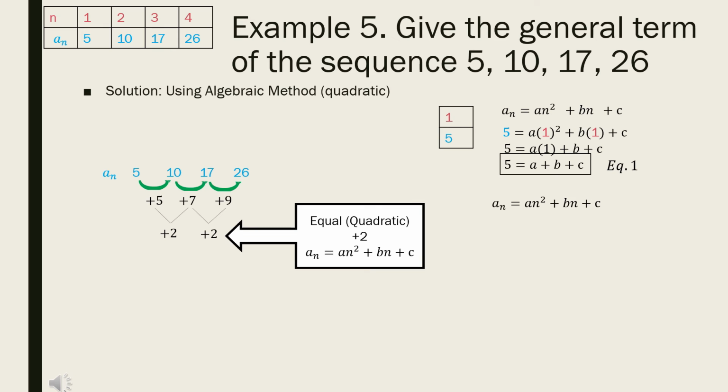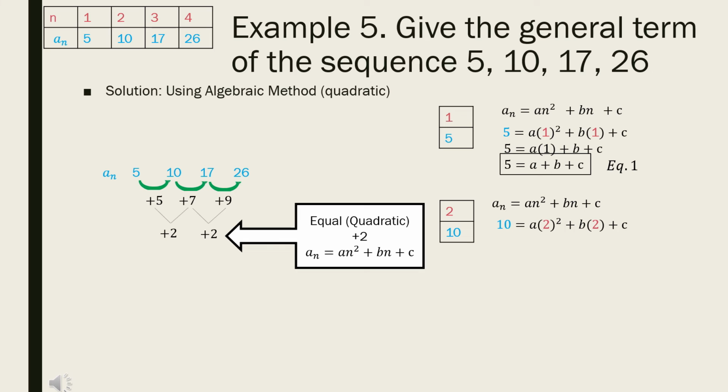Next, for the second pair, we'll have 2 and 10. Again, substitute the right values. Our a sub n is 10, our n is 2. Be careful with that. If you interchange these, the answer would not be correct.